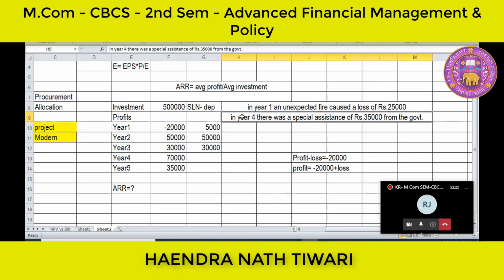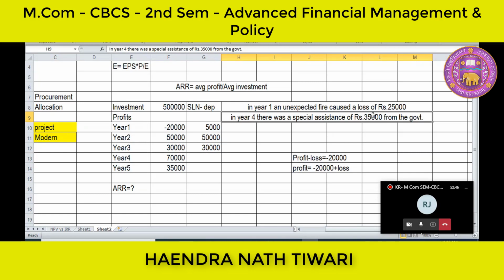In the fourth year, there was a special assistance from the government. Now, this is also not normal activity. It happened because there was a special assistance. This is not happening due to the project that you took. This is happening due to some other forces which have no bearing on the project, and you want to determine the profitability of the project.